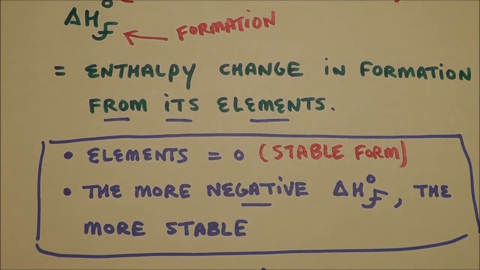Water is more stable than hydrogen and oxygen, the elements. And that's why water occurs. And so you would find a negative value. But that doesn't mean that a compound can't happen if it isn't more stable than its elements. And so some of them are positive, some are negative.